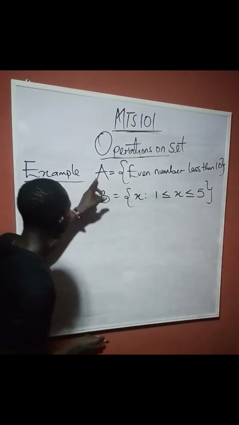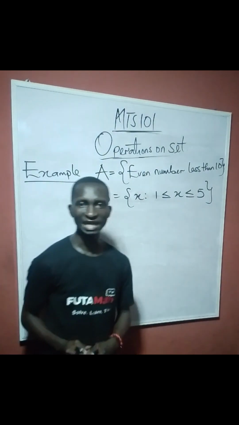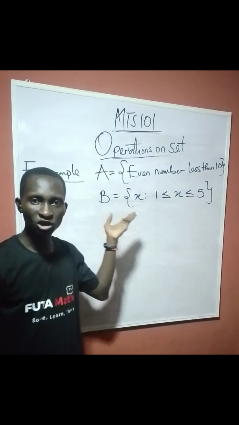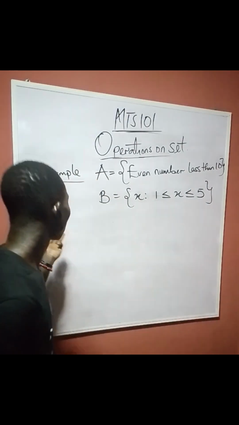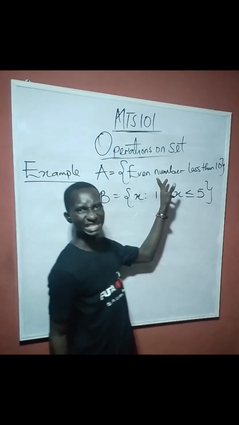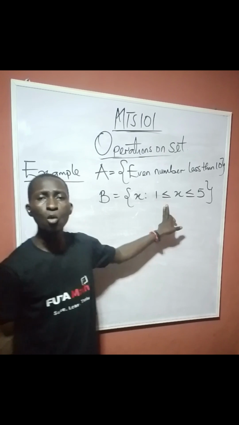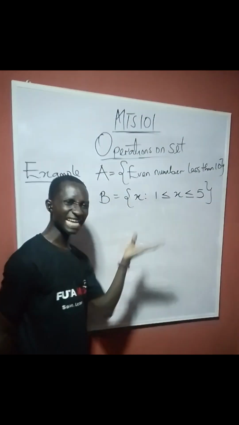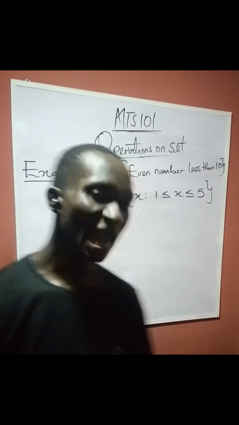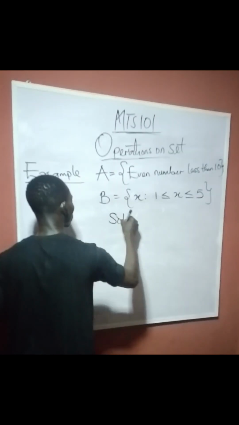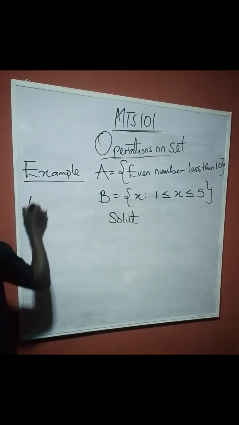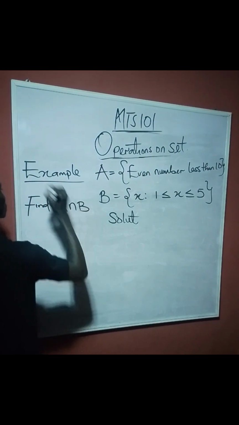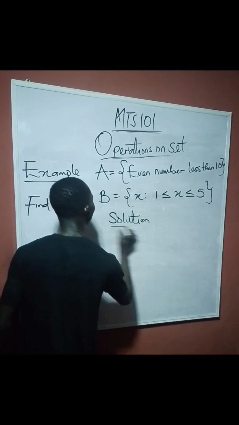Example. Now, you can notice that set A and set B are given in what? Set builder notation form. We have to interpret this mathematical statement before we can bring out the elements of set A and set B. Our main goal is to find A intersection B, but we have to interpret the sets first.